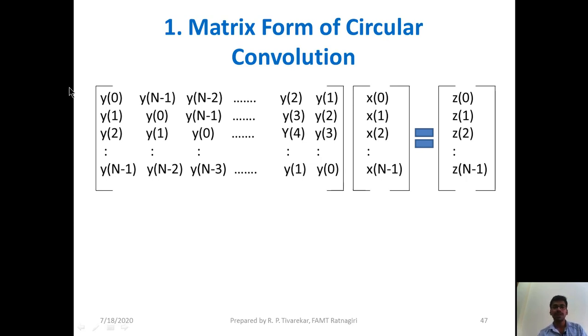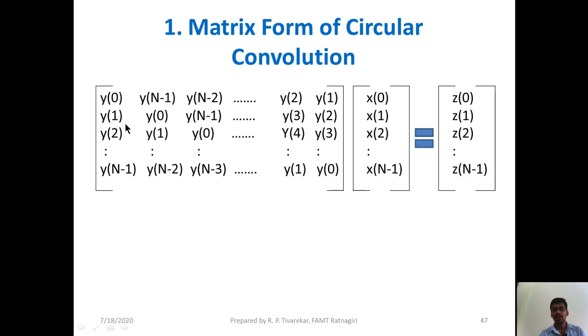If you observe, this first row itself is a time reversed version of the original sequence y of n. What is a time reversed sequence? The first sample remains as it is and the rest of the samples get reversed. So y0 and remaining samples from y of n minus 1 to y1 reversed.